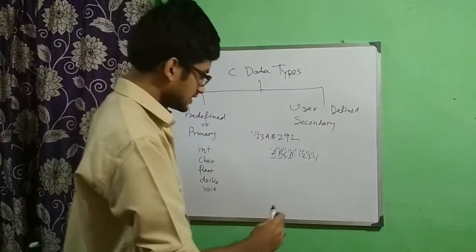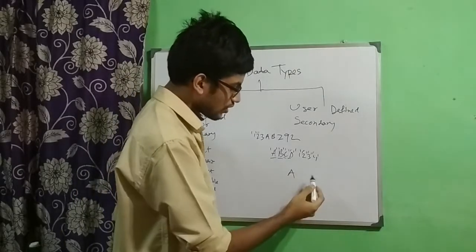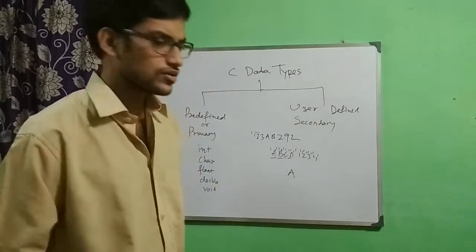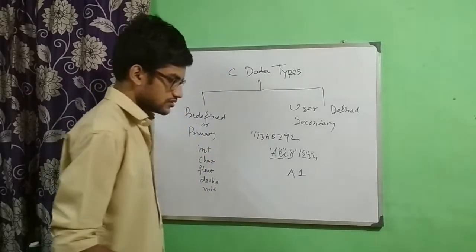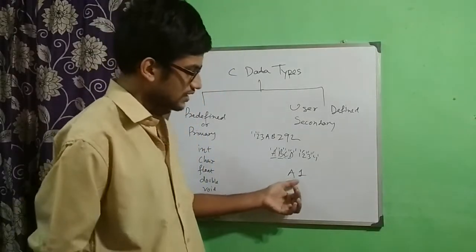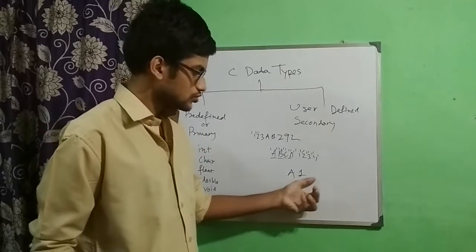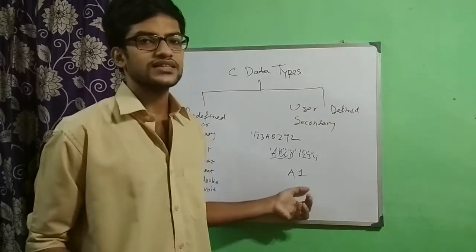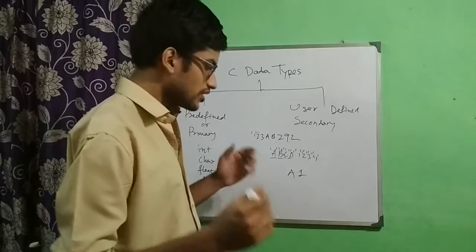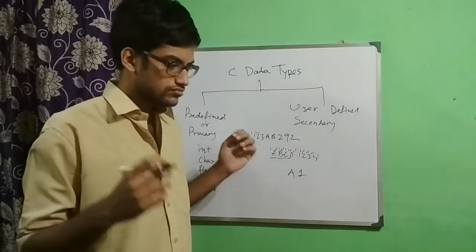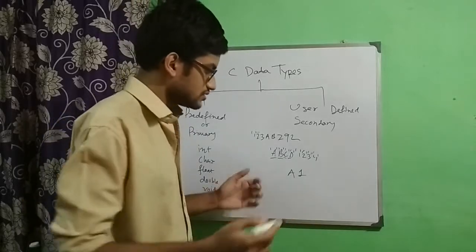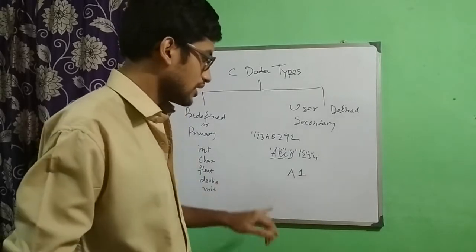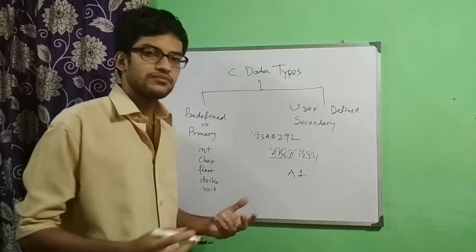So let's say you have A, or B, or 1 or 2. If you want to make A1, you are actually making a string using these two characters. One is A, the other one is 1. When you make them sit together, making a collection of A and 1, you are actually making a string.